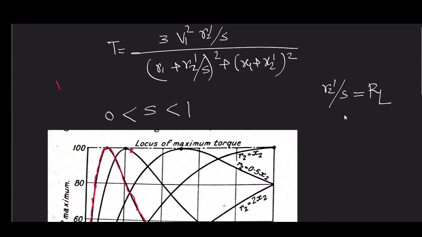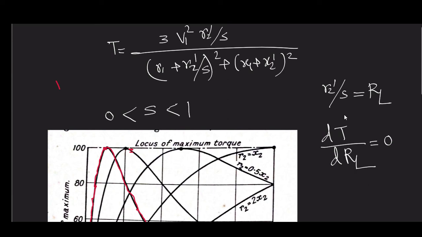And instead of making dT/ds equal to 0, which would give us the value of S for which we have maximum torque, we do dT/dRL equal to 0.